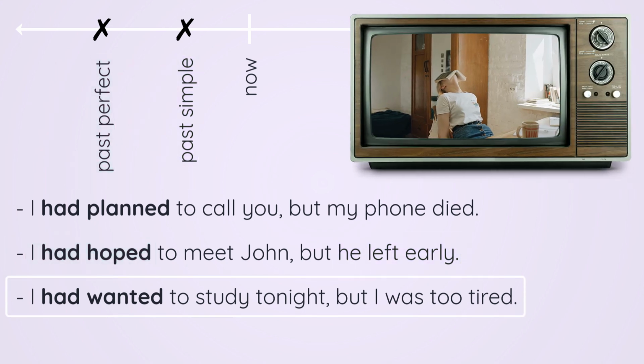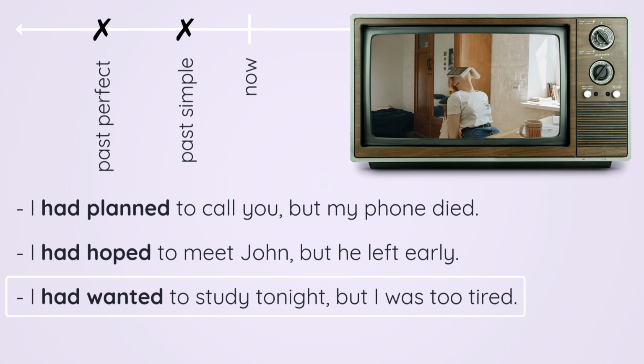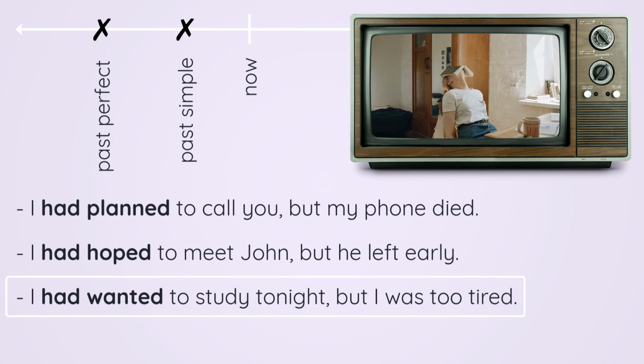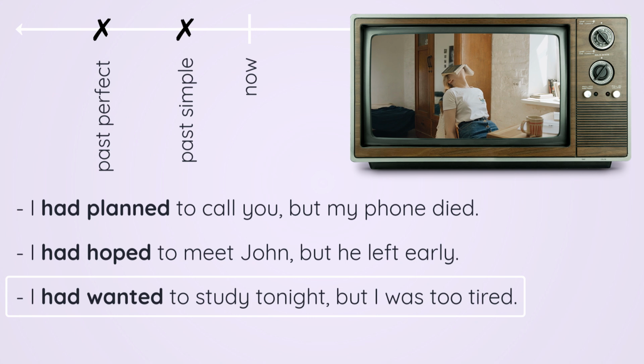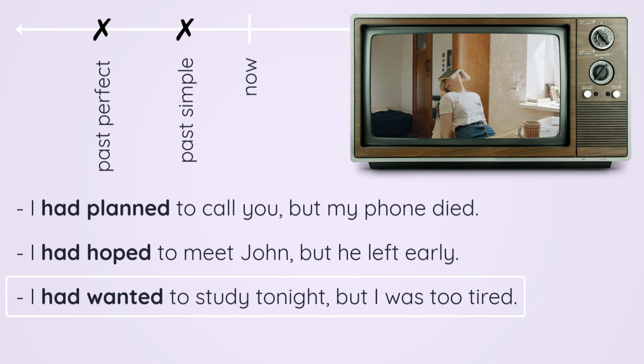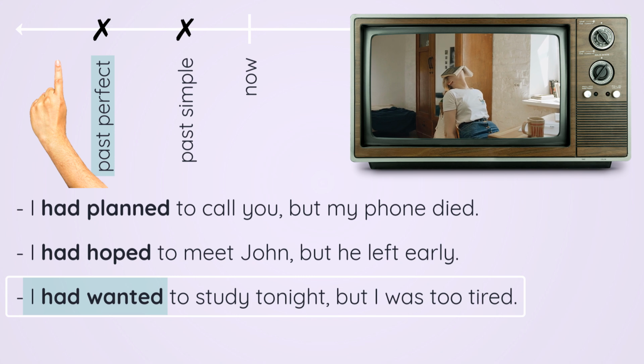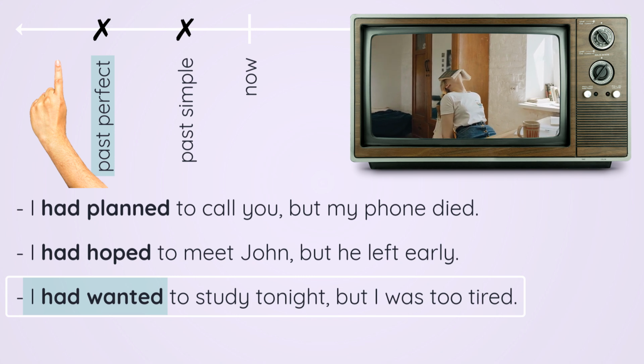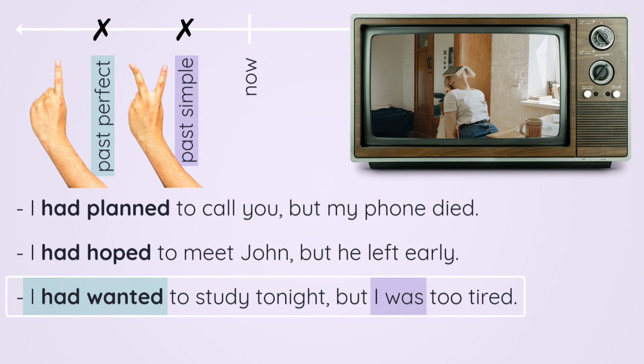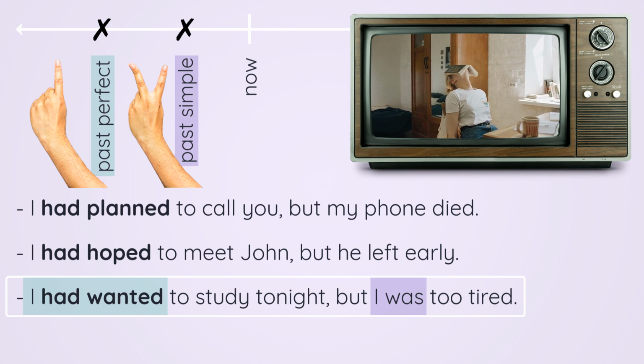I had wanted to study tonight, but I was too tired. Okay, not a good idea if that happens too often, but it happens once in a while to all of us. So, what happened here? This person said, I had wanted. Past perfect. To study tonight, but I was, past simple, too tired.